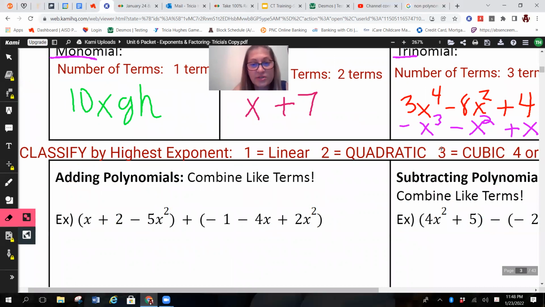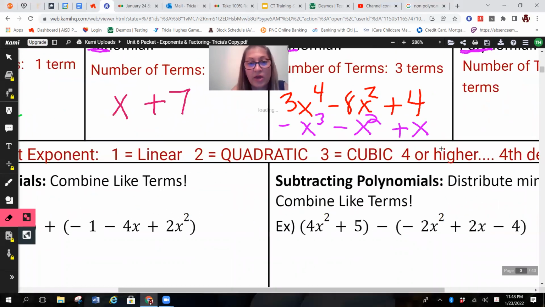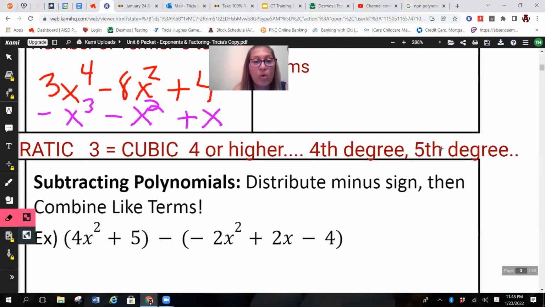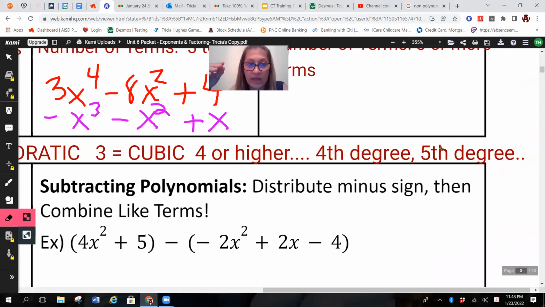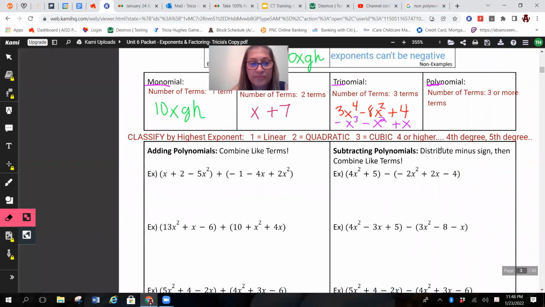When the highest exponent is 2, we call that a quadratic polynomial. When the highest exponent is 3, that's a cubic polynomial. And then 4 or higher, they don't get fancy with the names, so it's boring. 4th degree polynomial, 5th degree polynomial, 6th degree polynomial.